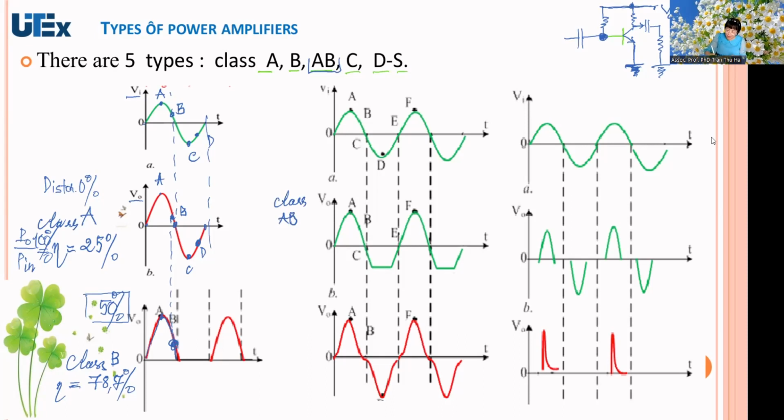And in our case, for example, B, C, D here, and we have E, F. We have A, B, C, D, E, F. This here is the information, the input signal. You can see here the input signal.